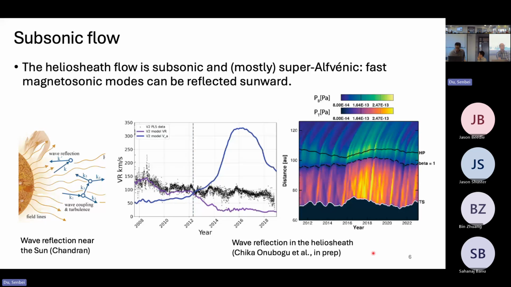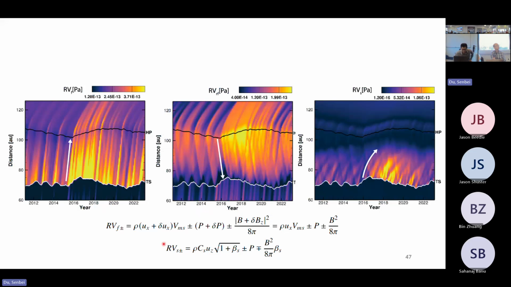And I can also show some of my backup slides. There are some other, probably better, clearer plots here. Here we also did some analysis by separating the different modes. If we just look at the fast mode variable, we can see it's more clearly going outward.